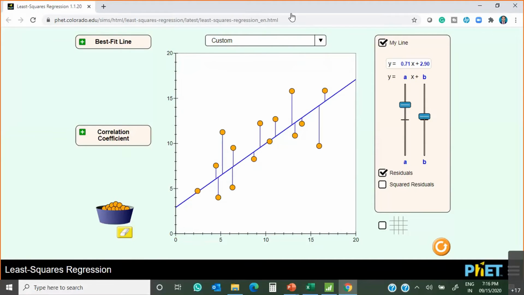This is the value I have already got, but whatever the value indicated by this line, that is called as a best fit line. Now this is indicating some value of this corresponding point, so this is called as a predicted value, right?